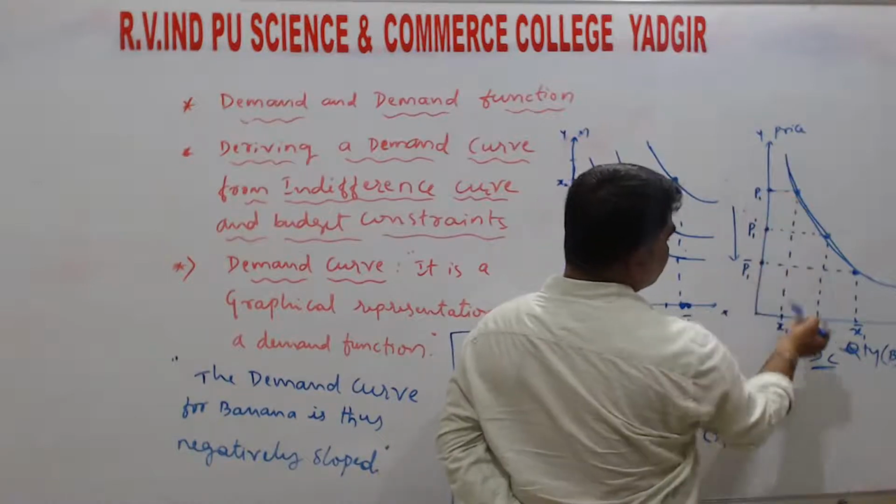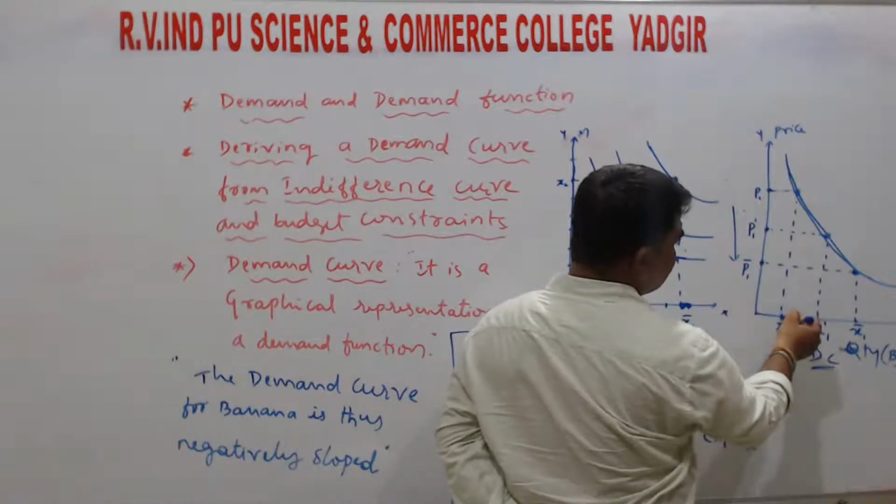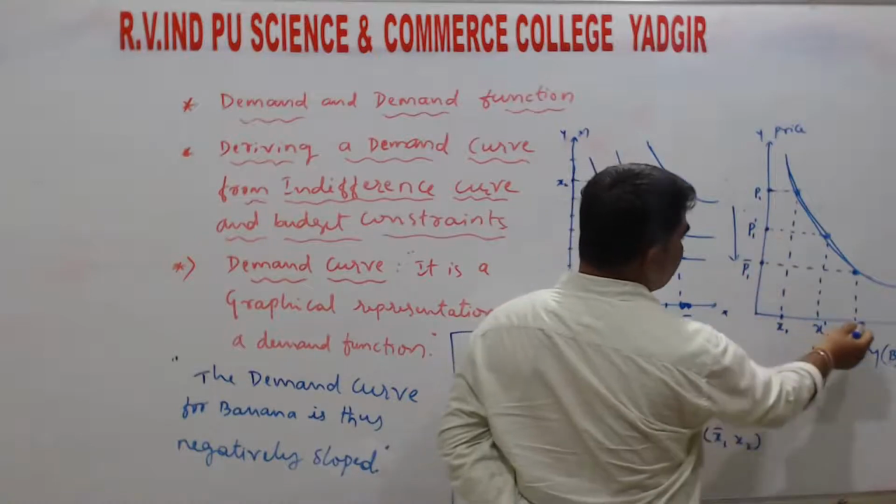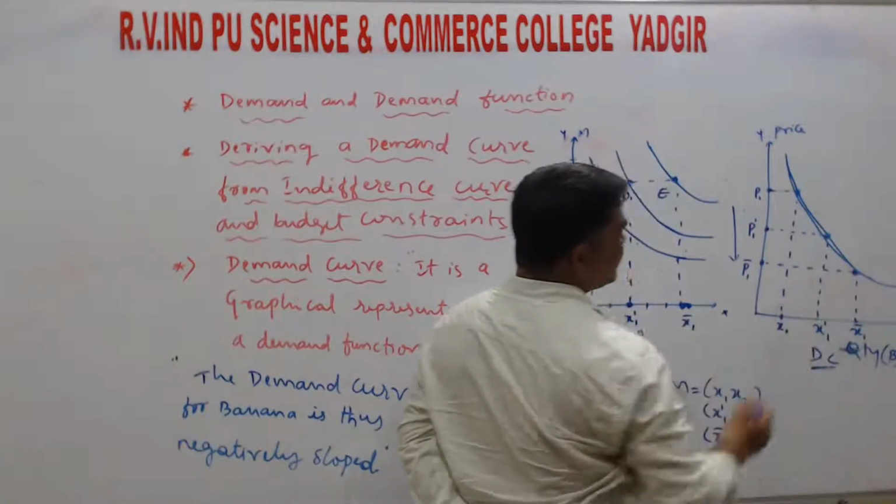If price increases, demand is less. If price decreases, demand is more. That's why it is negatively sloped.